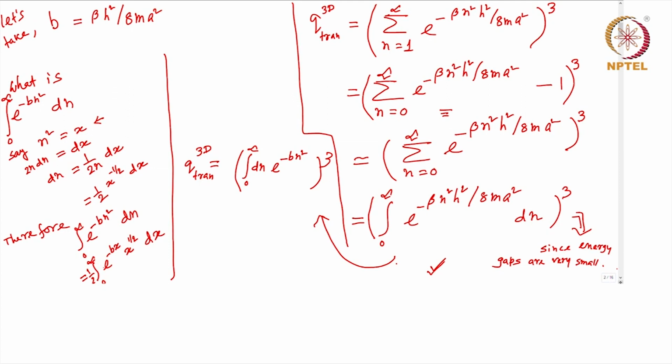Because n square is equal to x, and dn we got here as half of x to the power minus half dx, and that is what we have put back here. So we get half 0 to infinity e to the power minus b x, x to the power minus half dx.